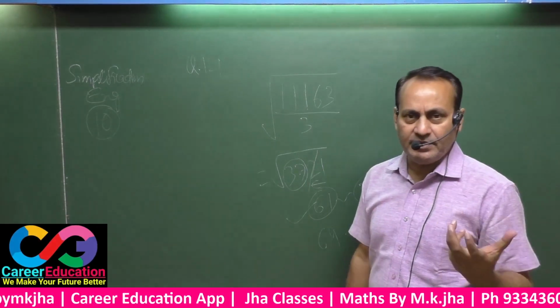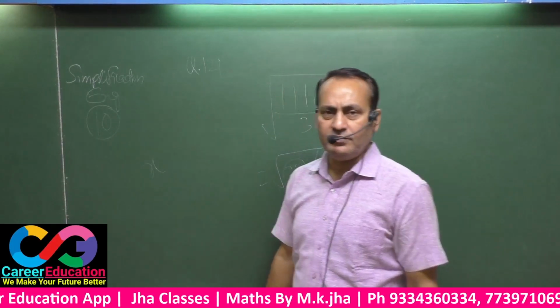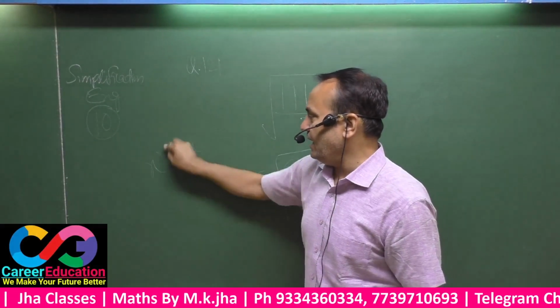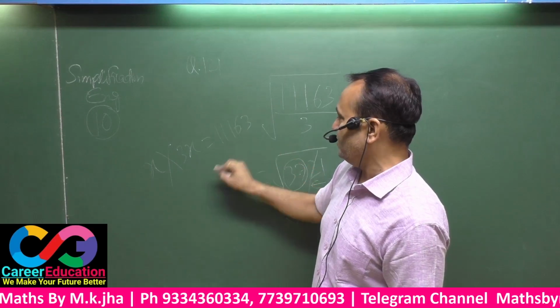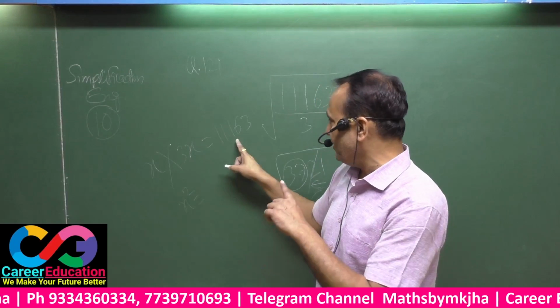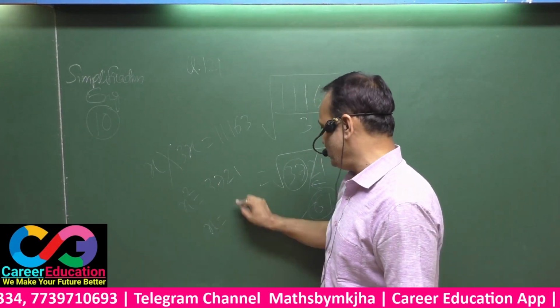Why does it happen? If there are X persons in that group, each has to pay 3X, so the collected money is 3X squared. Now X square equals this divided by 3, that is 3721. Now X equals 61.